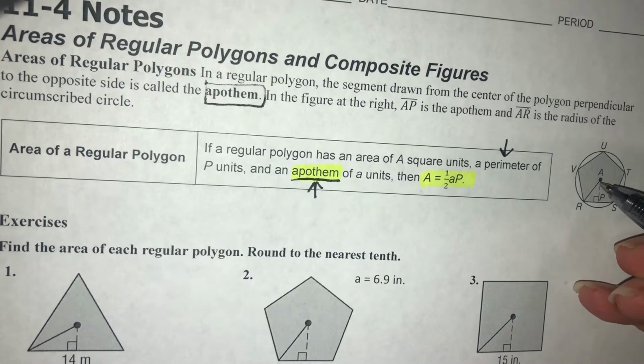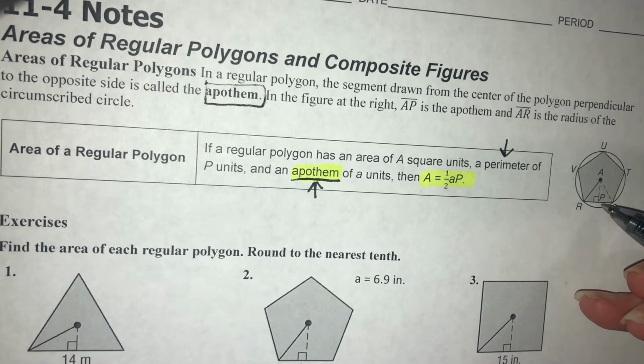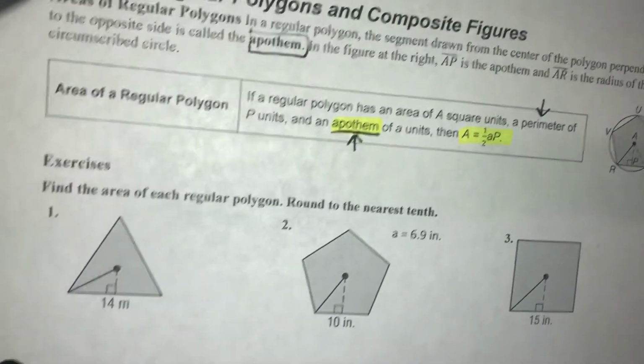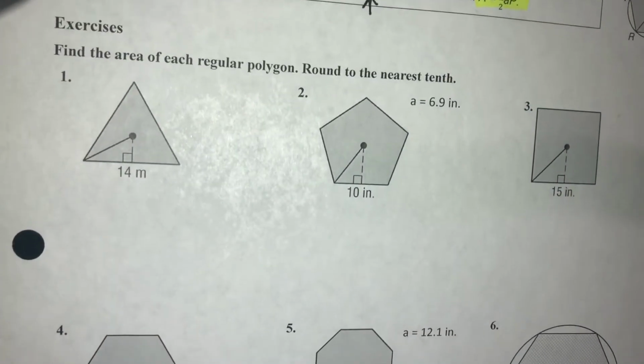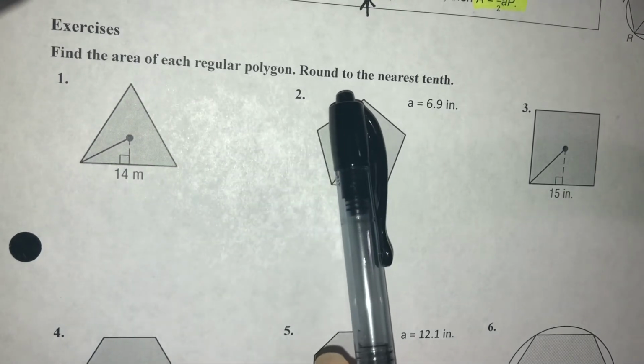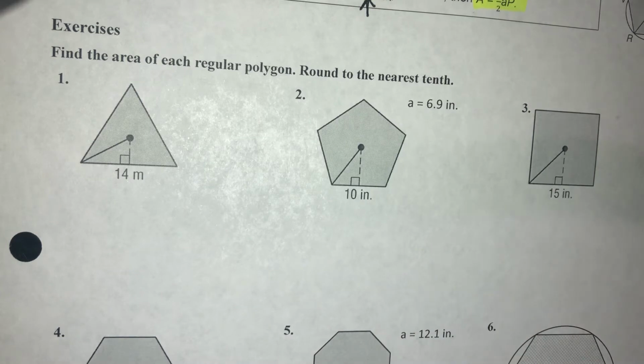So this segment from A to P is the apothem of this pentagon. So now we're going to go down here and do some practice problems involving this formula. We're going to find the area of each regular polygon and round to the nearest tenth if needed.